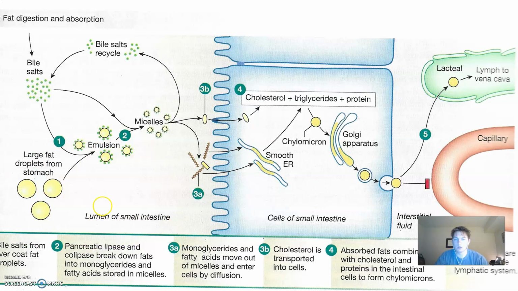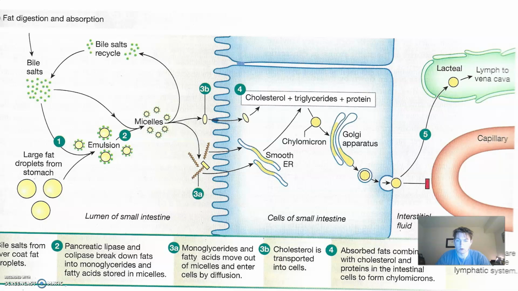Now here is the whole kit and caboodle. From previously, we have the bile salts coming from the gallbladder that form emulsions from the large droplets from the stomach, and then the enzymes come and break those emulsions down into micelles. From those micelles, the two main things that come out are monoglycerides and free fatty acids, which diffuse freely into the cells of the small intestine.